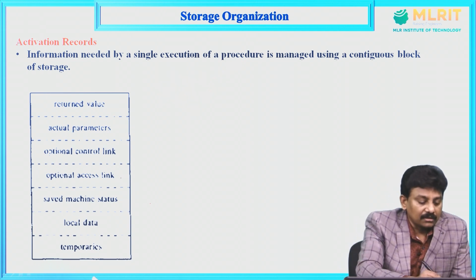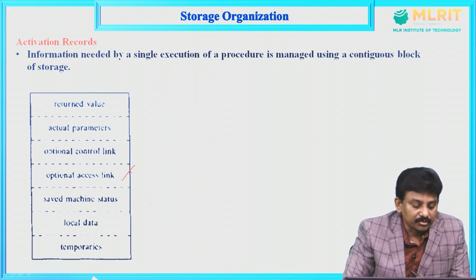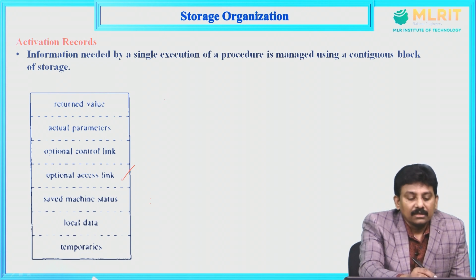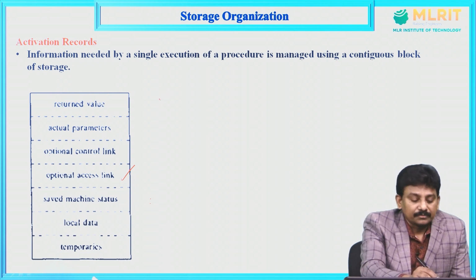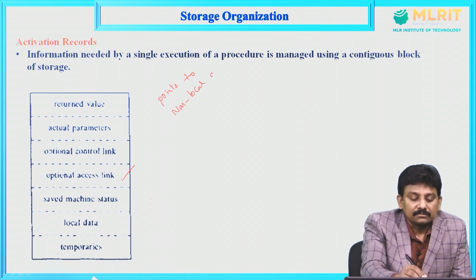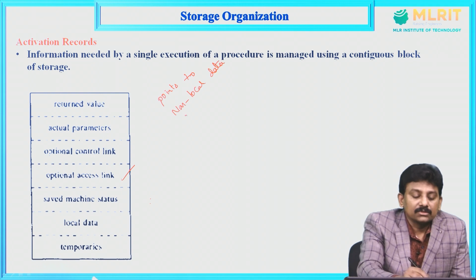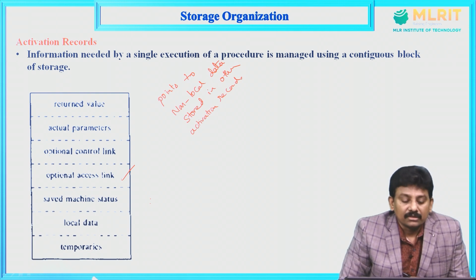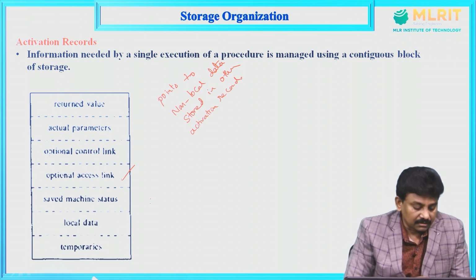Next, the access link. This is an optional access link. It points to non-local data stored in other activation records.